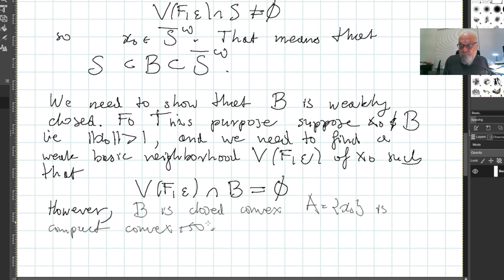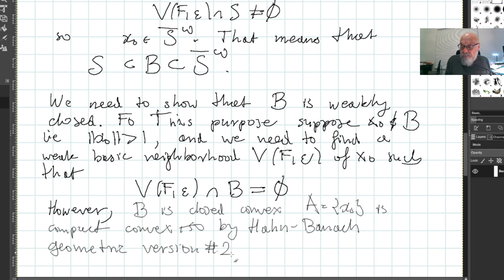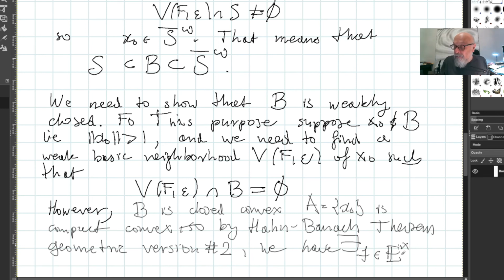So by Banach geometric version, number 2 theorem, we have that there exists f belonging to E star.